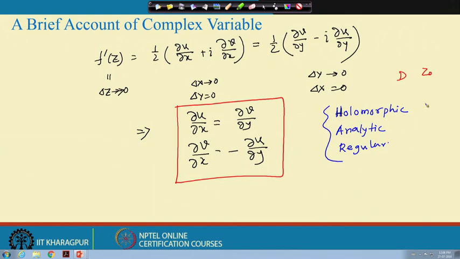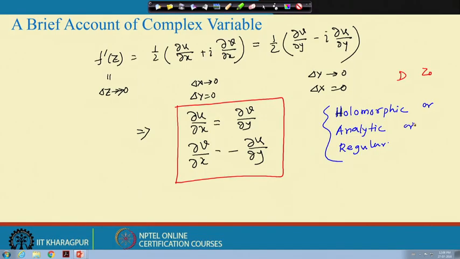The point where it is not differentiable, where this does not exist, is called a singular point.